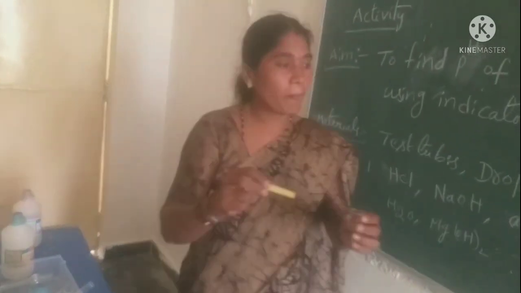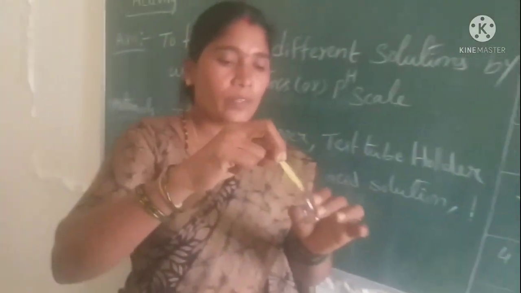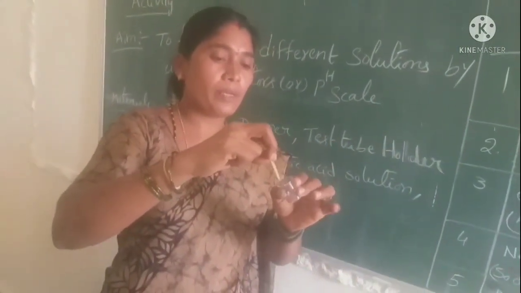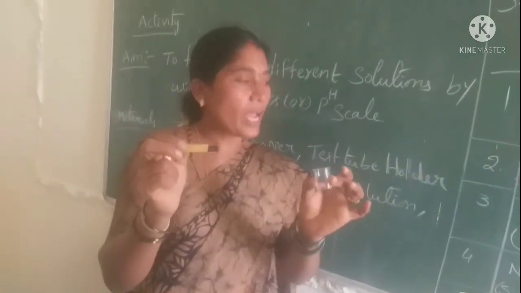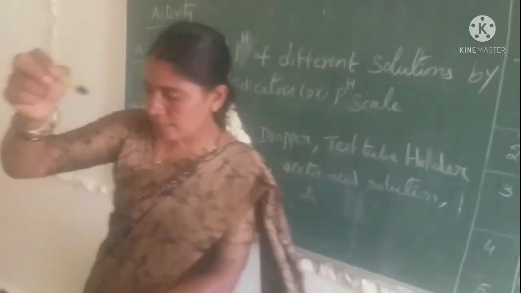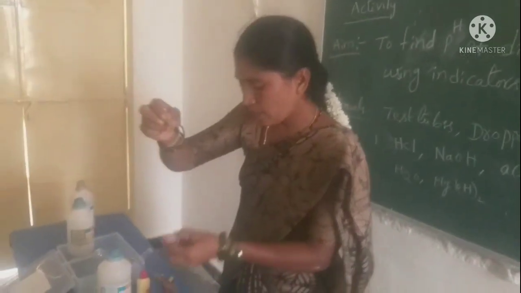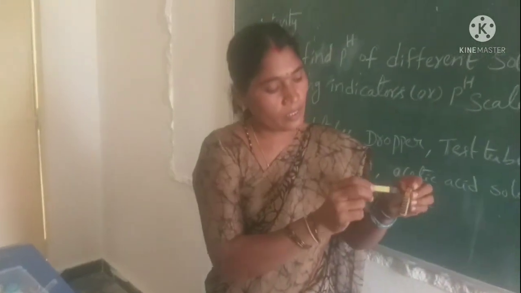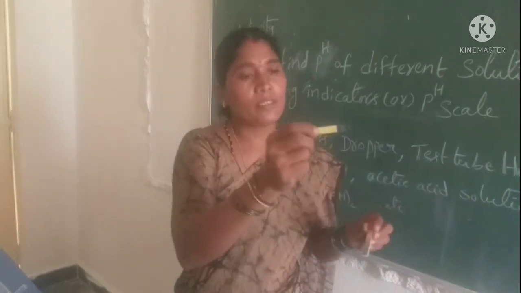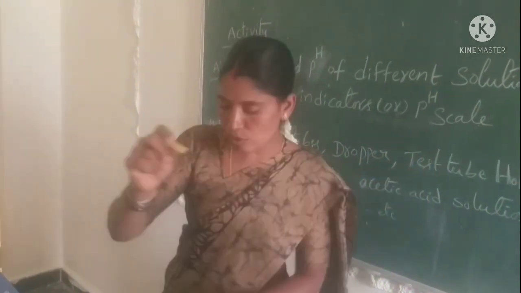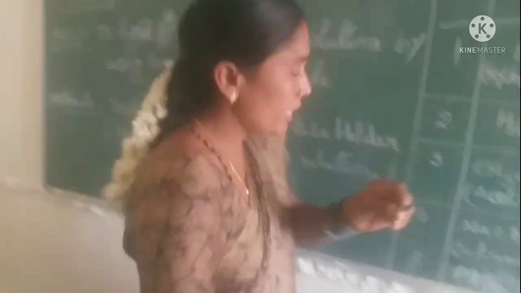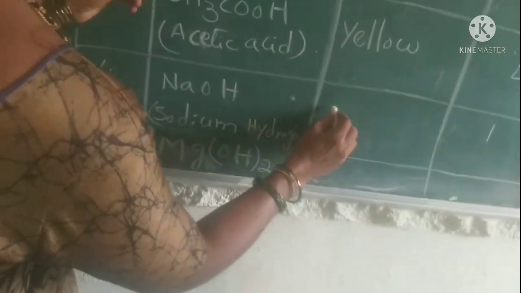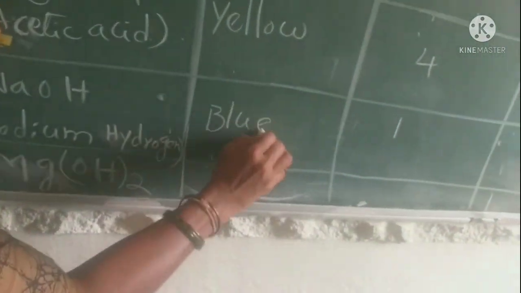Next, we observe sodium hydroxide. Dip the universal paper in sodium hydroxide. Which color? Blue. This is nearly blue color.